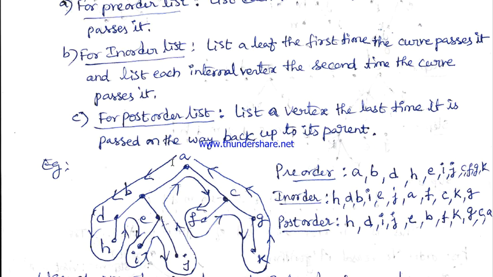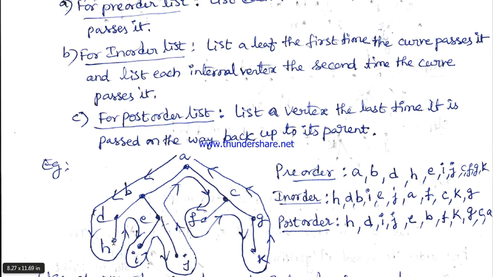We put the leaves in the list if they are passed for the first time. We put internal vertices in the list if they are passed for the second time by the curve. So here in in-order, H comes first.